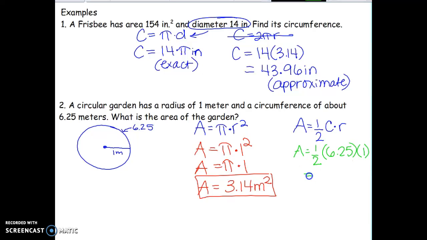Half of 6.25 is 3.125, which would round to 3.13 meters squared. So you can see that essentially we have the same area here, just a very small difference between the two. It doesn't really matter which of these 2 formulas you choose to use, they're going to get you basically the same answer.